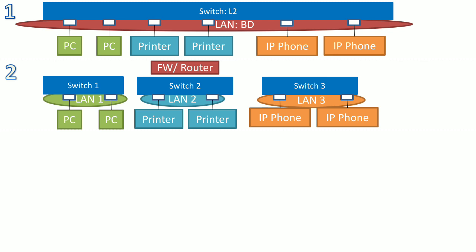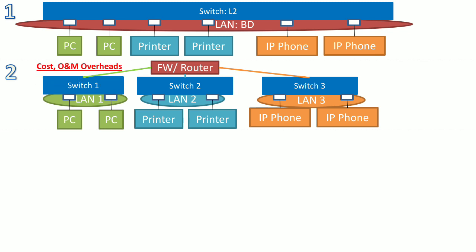If traffic from any single switch wants to communicate with another switch or with the outside world, it will go to the firewall or to a router, which is a layer 3 device, and then flow to another switch or maybe to the outside world.